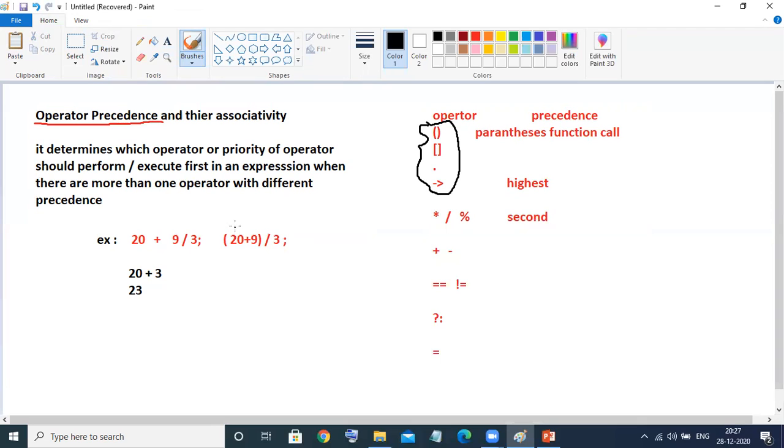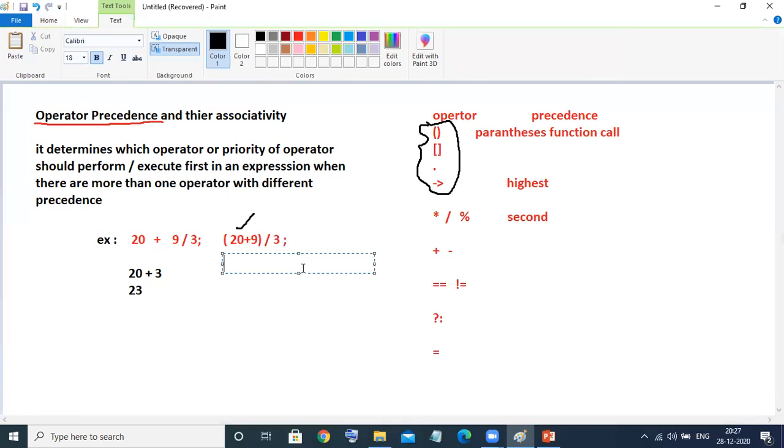So here we need to solve the bracket first. The answer of this bracket would be 29, then divided by 3. The next step, of course, has only one operator, so 29 is divided by 3, and your answer would be about 9. This is your operator precedence.